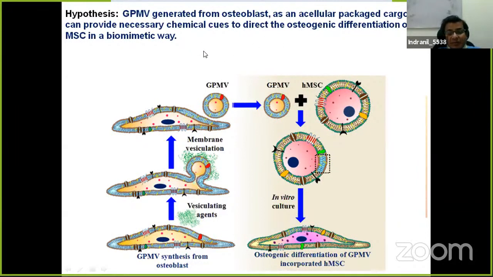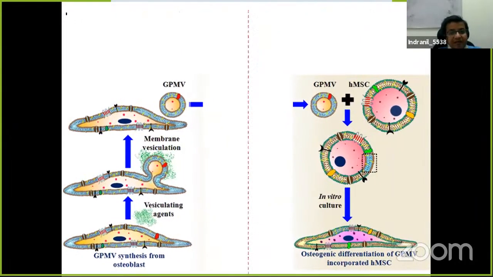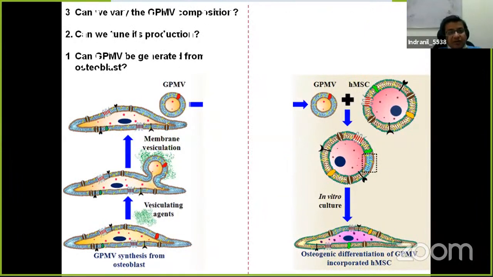in a biomimetic way. To test this hypothesis, we segregated the whole problem into a couple of different questions. The first was, can GPMP be generated from the osteoblast? The second question is, can we tune its production? Third, can we vary the GPMP compositions?